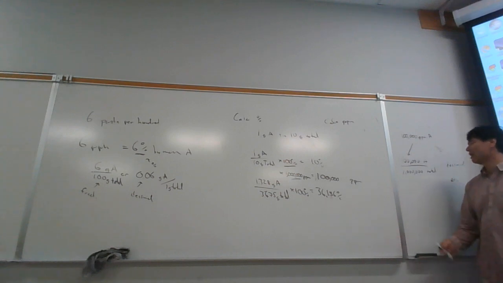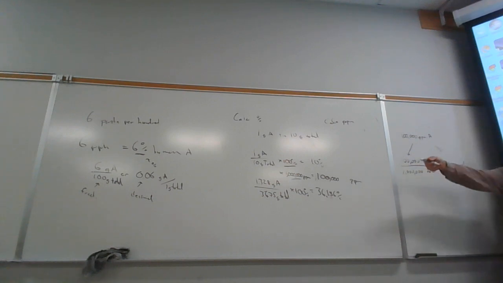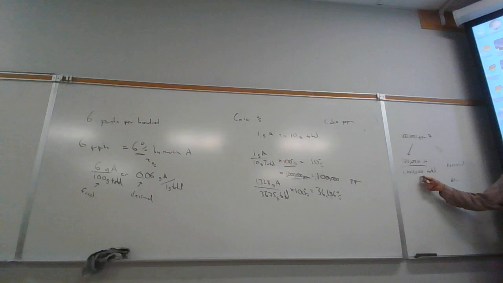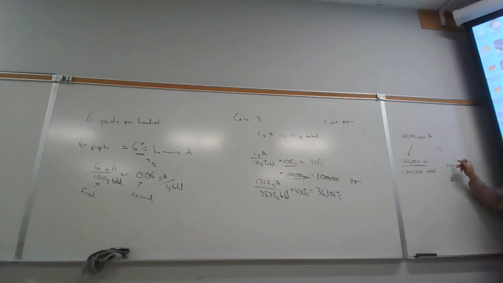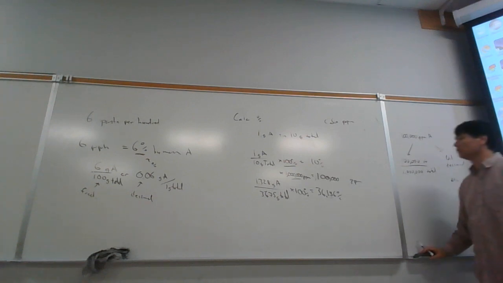And to convert it into fractional form, rather than dividing it by 100 like we did over there, we divide it by a million, which is going to give us the decimal form. So that would be 100,000 divided by a million. We should be able to figure out the 0.1.